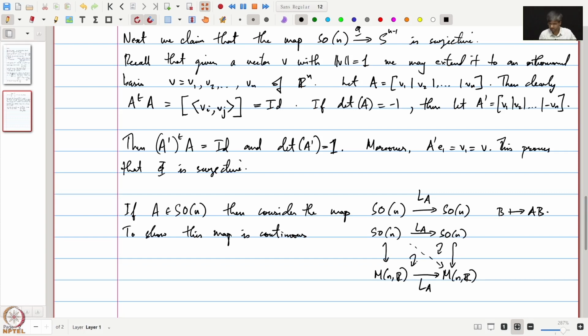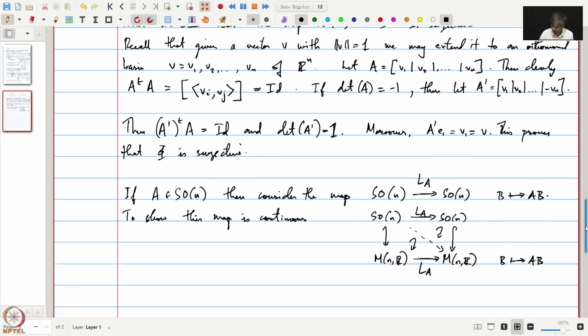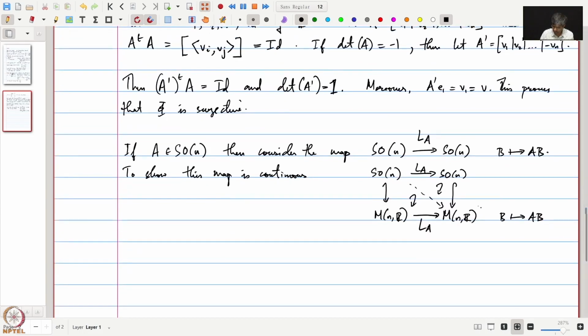We can take this matrix A fixed, and define left multiplication by A on M_n(R) itself, so here also B goes to AB. But clearly this map is continuous, because all the coordinates of AB are simply linear combinations of the coordinates of B. Therefore, this horizontal map is continuous.